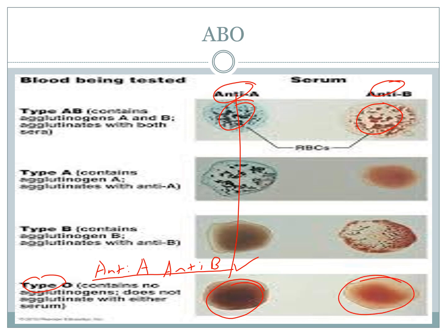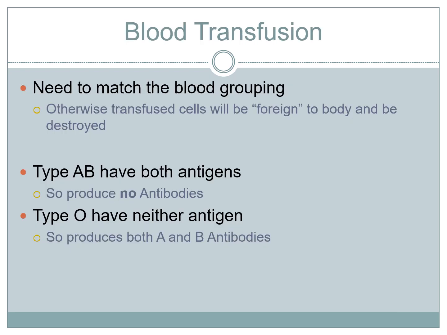Okay, now the reason that is important to know is because it helps us understand the difference between component therapies and blood transfusion. Now, we need to obviously match blood that is not going to cause this cellular agglutination. Okay, so it's not going to cause this binding, it's not going to cause this destruction. Okay, so as mentioned, type AB has both antigens, therefore has no antibodies.